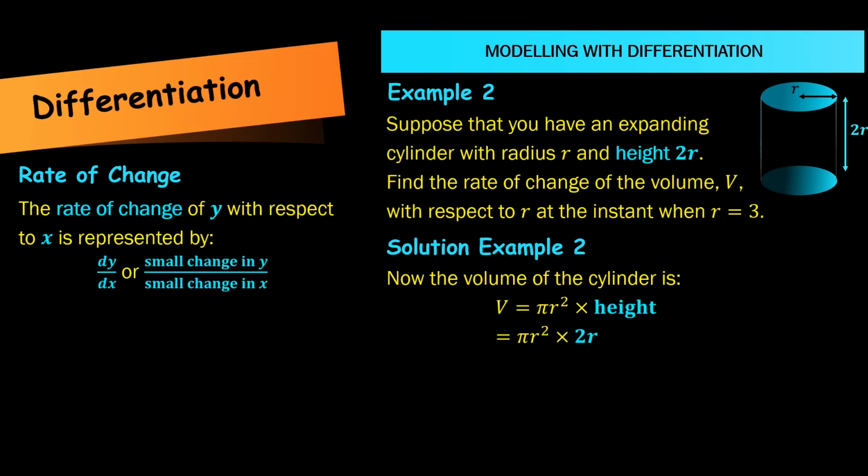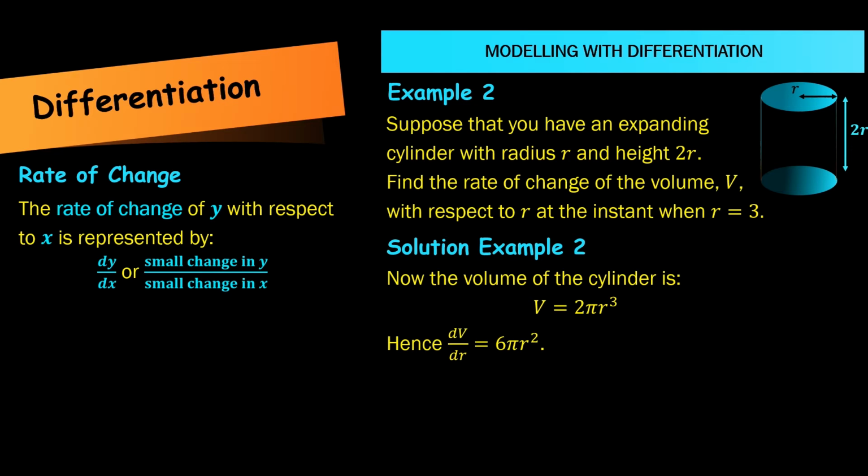So here's the height, 2r. And if we tidy up, we obtain 2 pi r cubed. So therefore we have that the volume is equal to 2 pi r cubed.